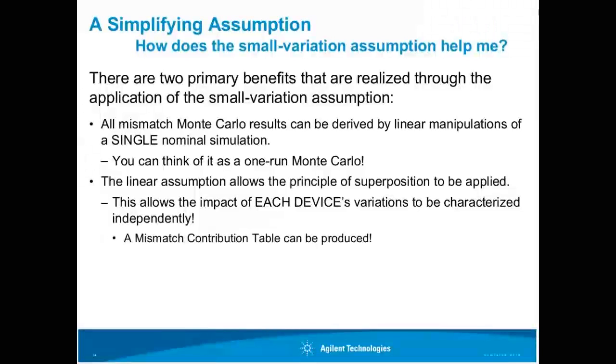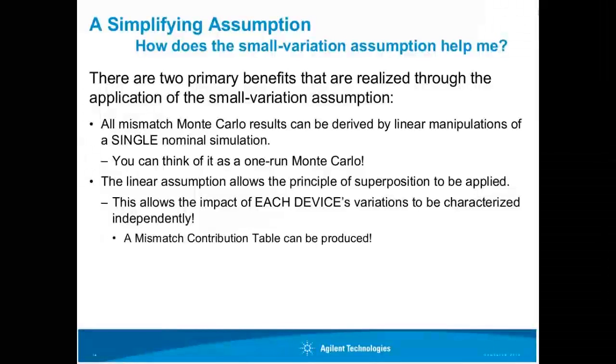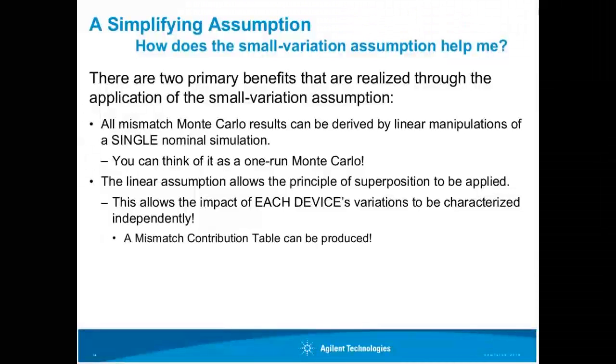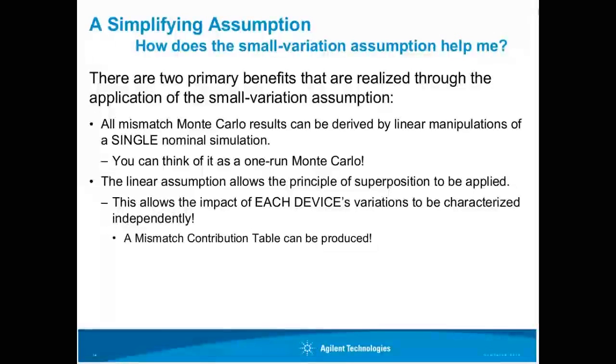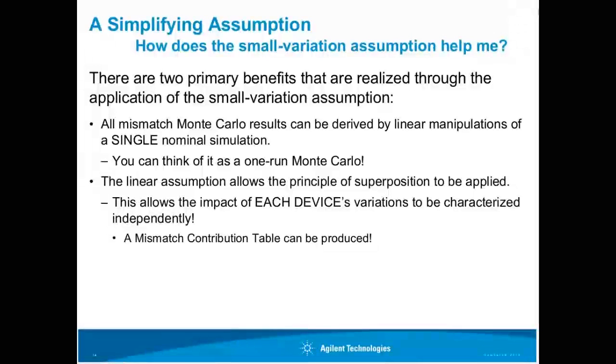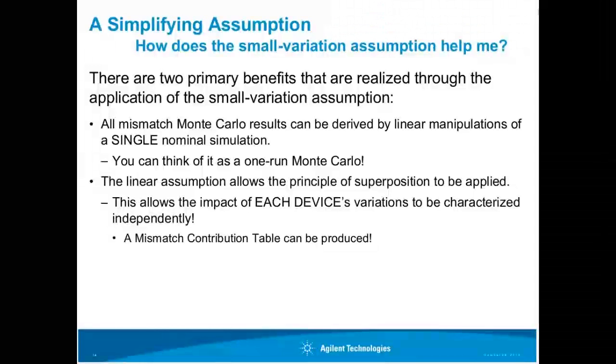That will be the same as if I had turned them all on together. And by doing them one at a time, we can now produce what we call a mismatch contribution table, which is a mapping of your design, all the devices in your design, to the variation in the figure of merit. So you can now quickly look into your design hierarchy and find out what part of my design is going to have the most impact on whatever figure of merit you're measuring.